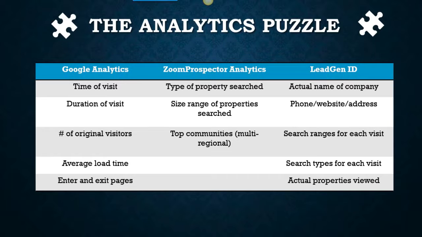You're not going to see that Stevie from GIS Planning or Alissa from GIS Planning was on your website and looked at XYZ, but you will see that GIS Planning was on your website. They did a search for 3,000 to 5,000 square feet of Class A office space, and which properties or reports we looked at for every visit.